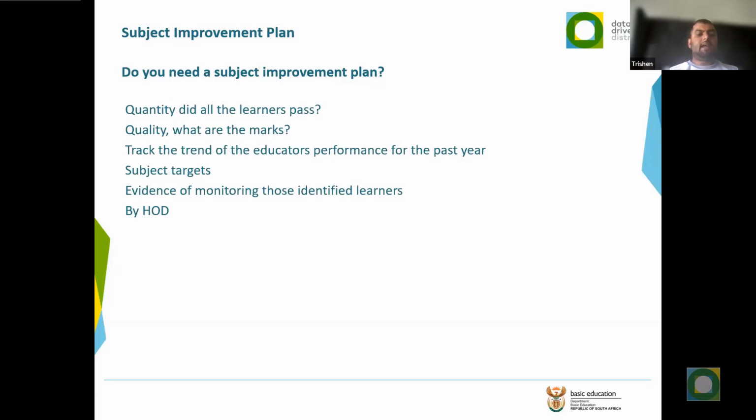So, colleagues, it's important that the HOD monitors the progress of the learner based on the subject improvement plan as well. And that HOD needs to monitor the teacher to see if he or she has planned accordingly and is executing the interventions that are indicated on the plan.